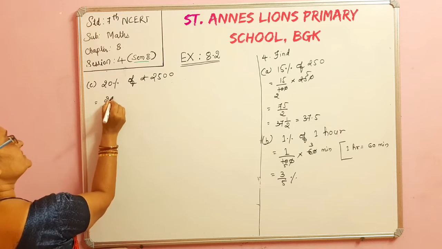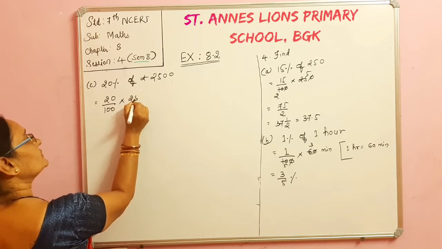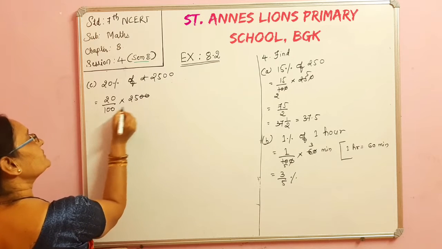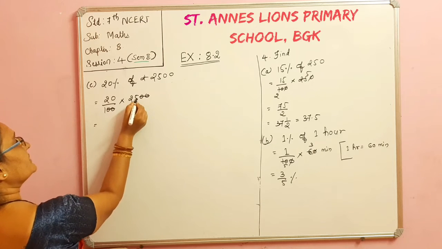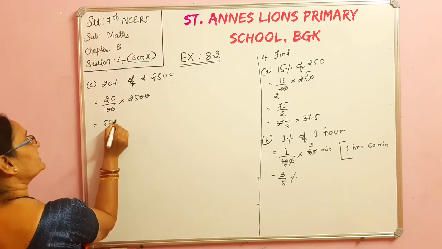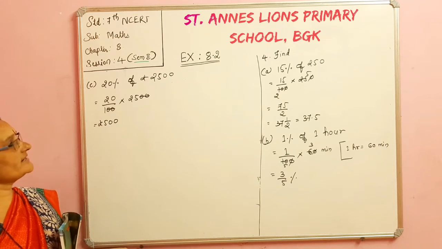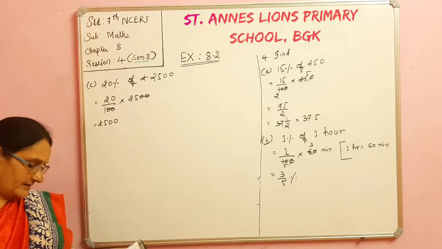What is 20%? 20 by 100. Of means into 2500. 2 zeros got cancelled. 25 twenties are 25 twos are 50. 500 rupees. 20% of 2500 is rupees 500.